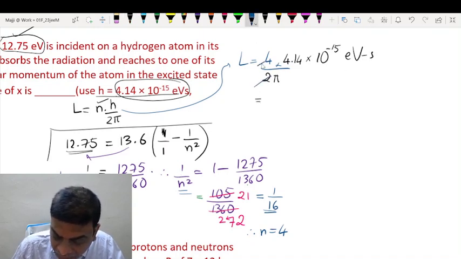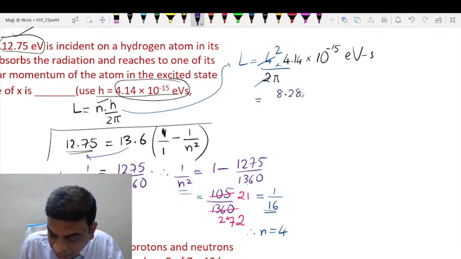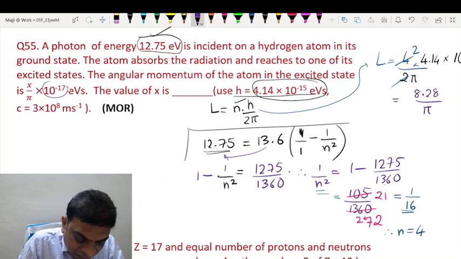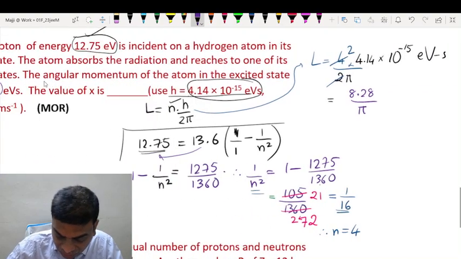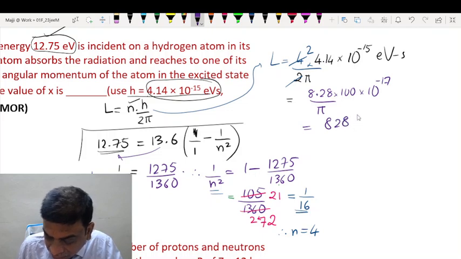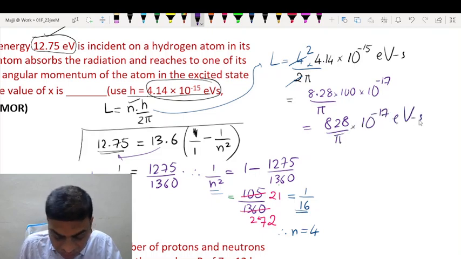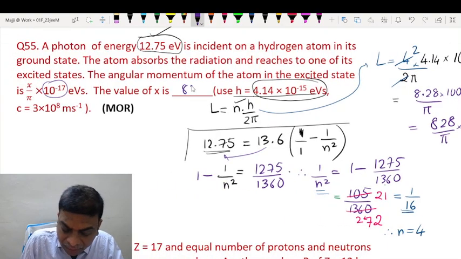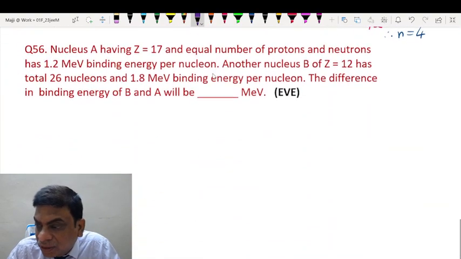So this will be 2 2s are 4, then we have 8.28 by pi. Remember, we have to express it in 10 to the power minus 17, which means we have to multiply by 100. So finally we have 828 by pi into 10 to the power minus 17 electron volt second. So the answer is 828.